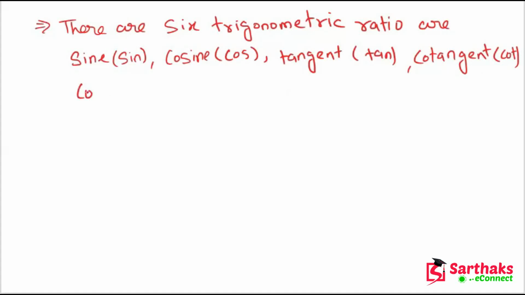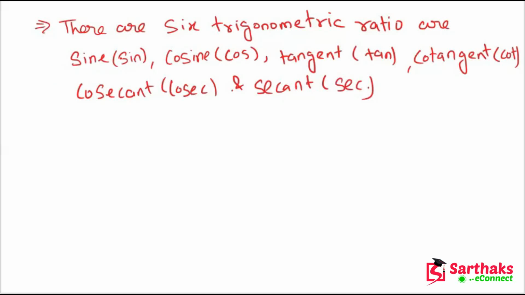Next is cosecant, which can be written as cosec, and next is secant, written as sec. So there are 6 ratios: sine, cosine, tangent, cotangent, cosecant and secant ratios. I hope you understand this point. These are the ratios which will be used in this lecture.